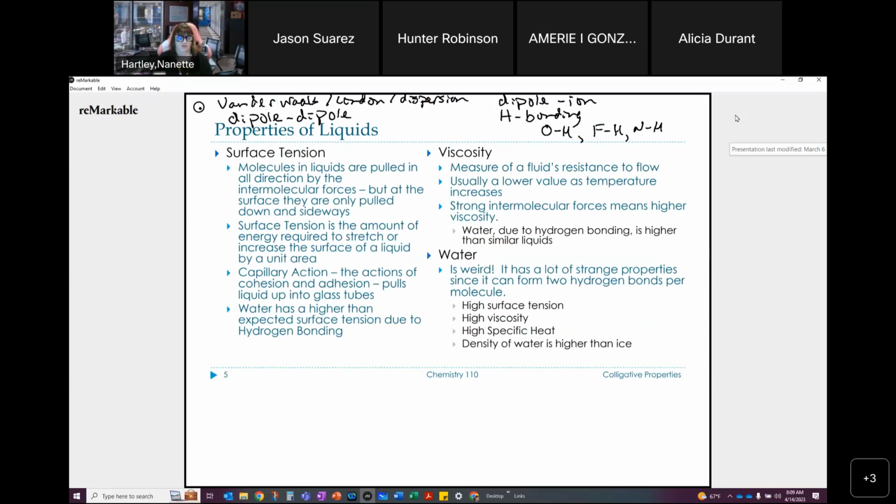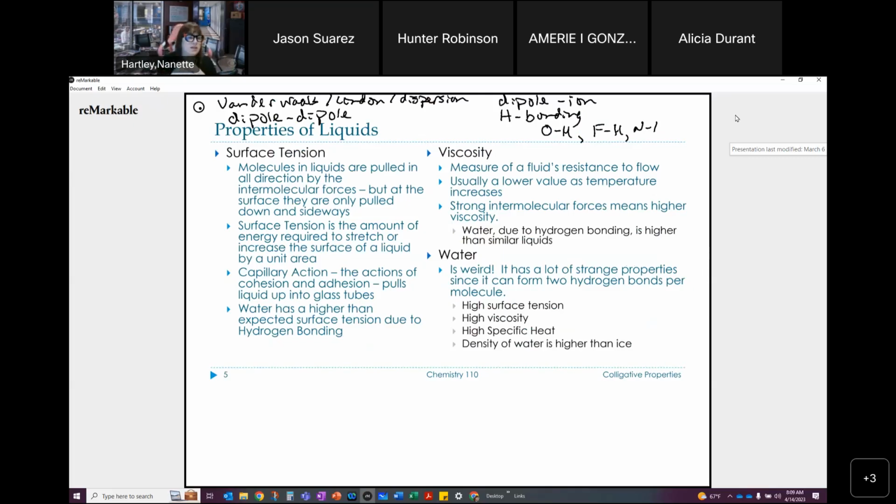When we talk about surface tension, we're thinking about the top part of a beaker, cup, whatever. We're looking at the top part of that solution. That solution inside of itself is pulling everywhere. All those molecules are pulling on each other. But at the surface, the only ways that they can pull are down and to the sides.